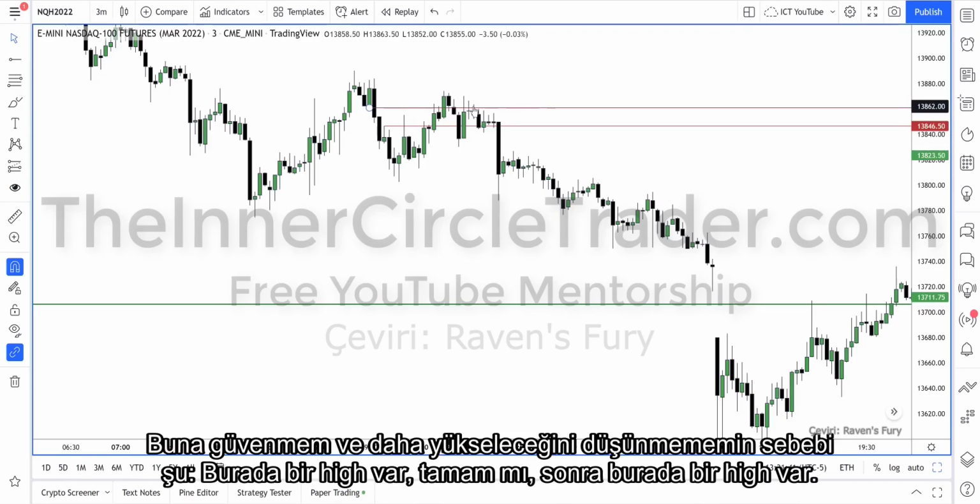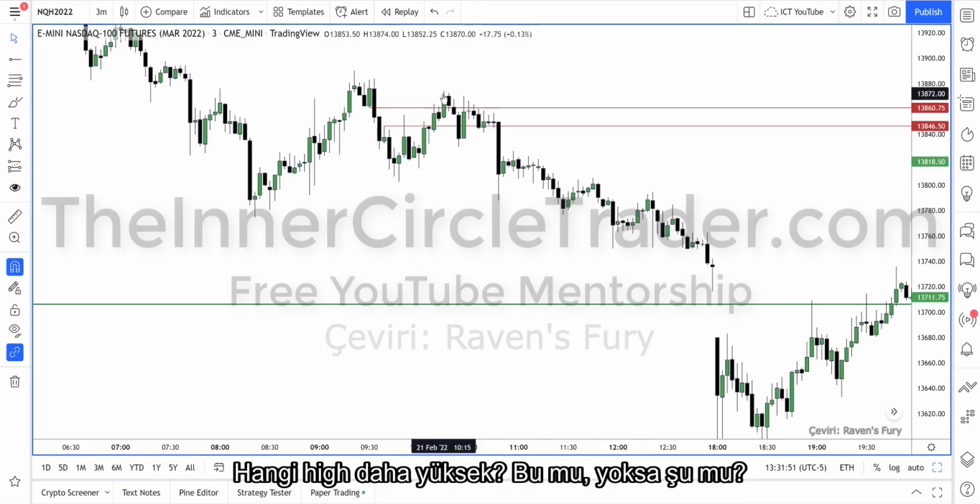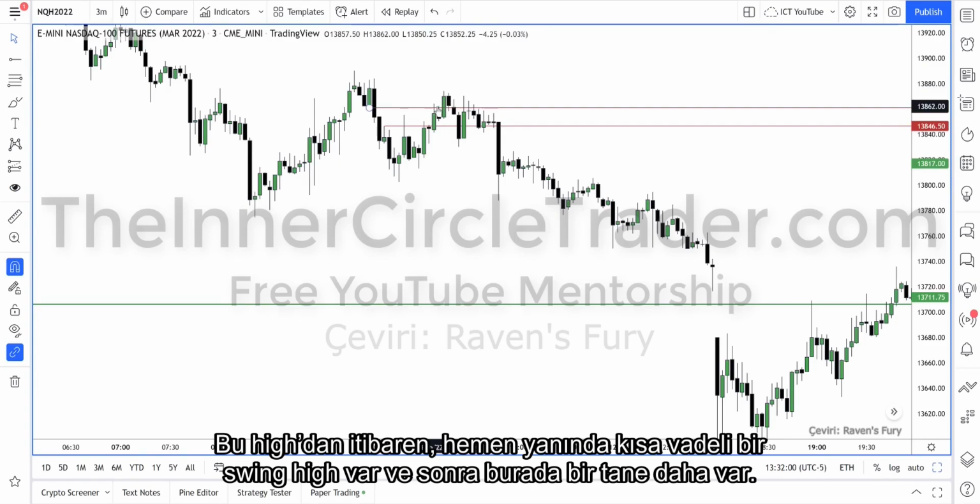The reason why I'm trusting that and not thinking it's going to go higher is because we have this high here, okay, and then we have this high here. Which high is higher? This one or that one? Obviously this one. Now, this candle's high. Watch what happens. From this high, we have a short-term swing high next to it here, and then we have one here.